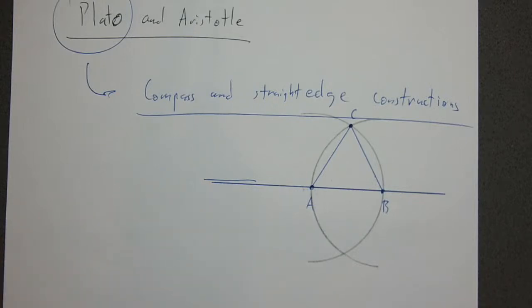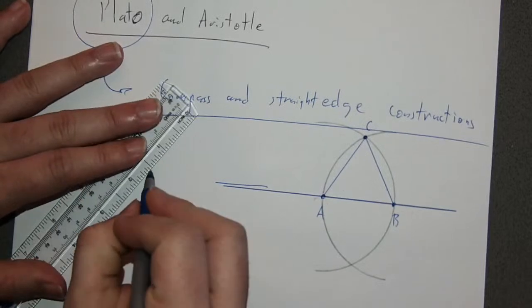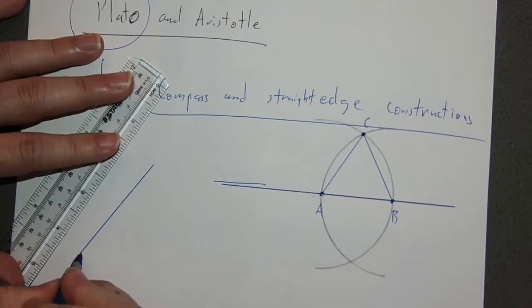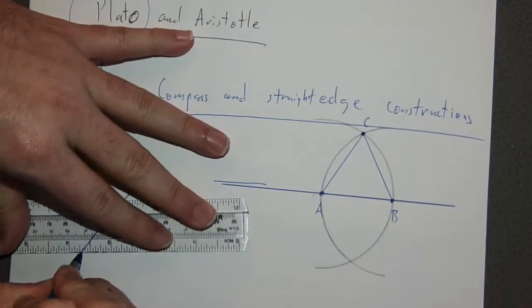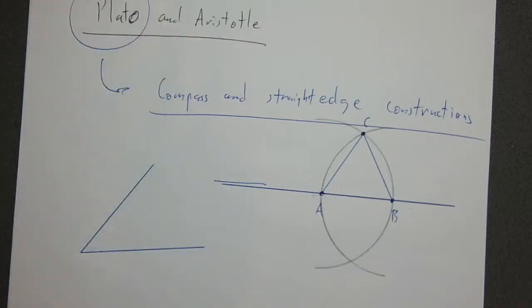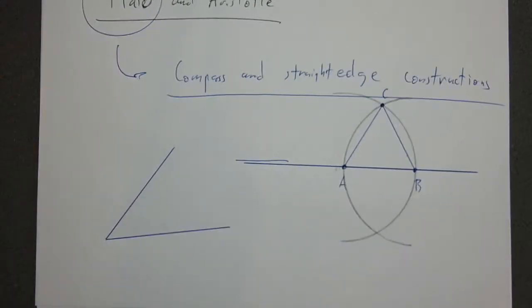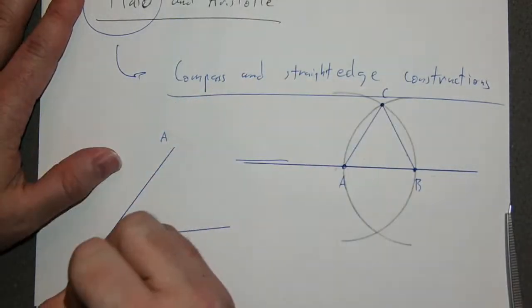What else can I do? I can bisect an angle. Let's see how to bisect an angle. Let's start with some angle, and I want to bisect it. Let's call my angle ABC.